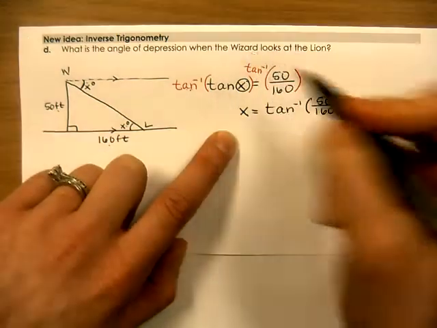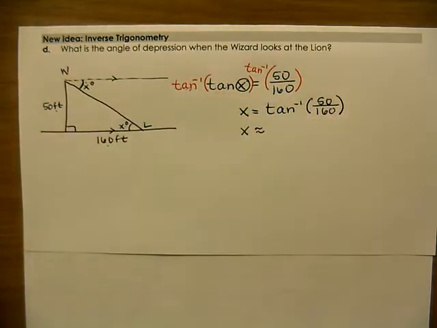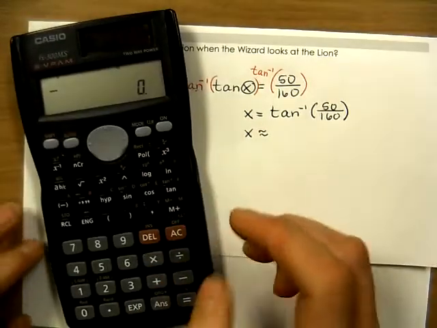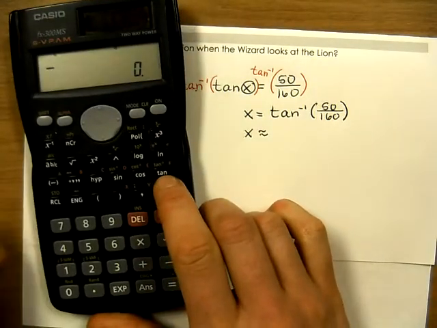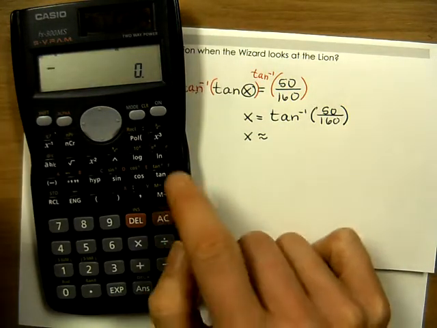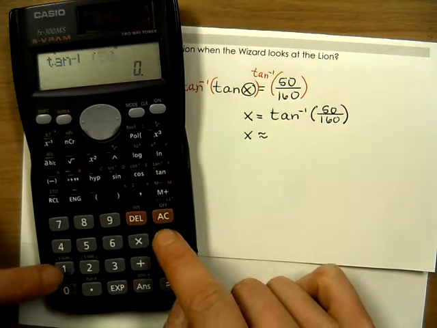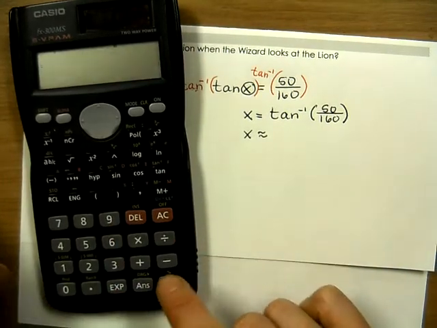Now this is the exact answer, but I want an actual value. So I'm going to say x is approximately, and you take your calculator. If this is the tangent button, the inverse tangent is right above it. To access that, I press Shift, inverse tangent, and then parentheses and 50 divided by 160.